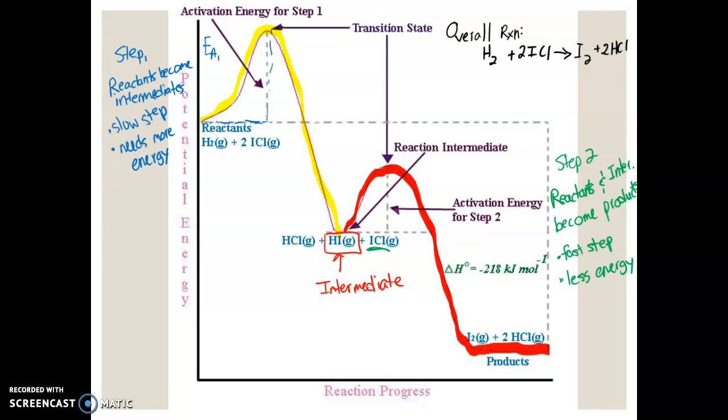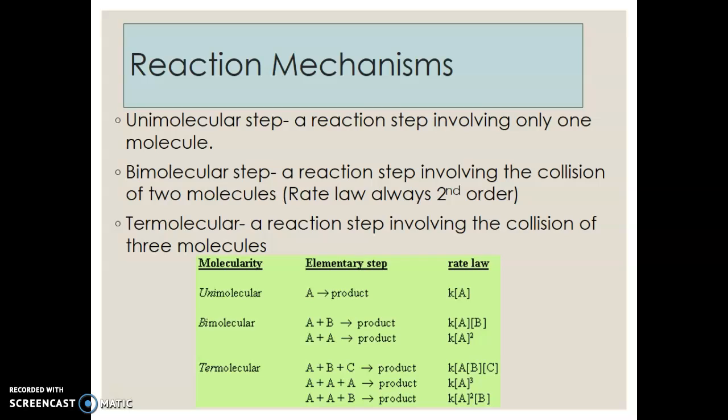So we're going to look some more at reaction mechanisms. There are different types of reaction mechanisms. A unimolecular step is a reaction step involving only one molecule. If you think about a unicycle, it only has one wheel; a unimolecular step only has one molecule.